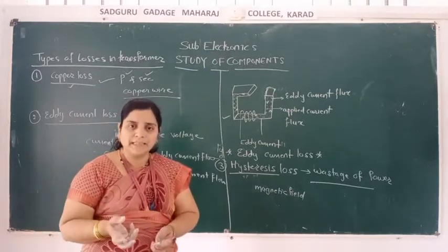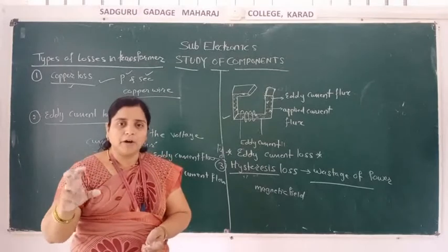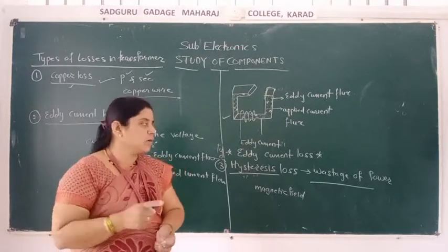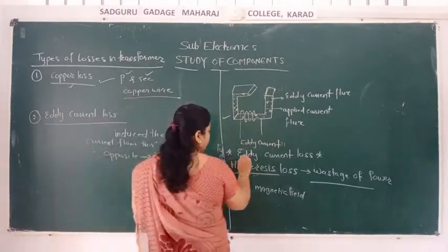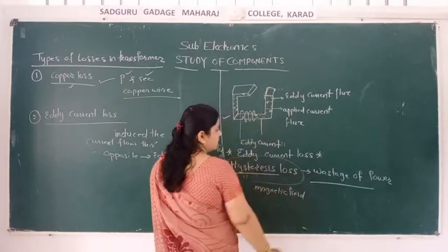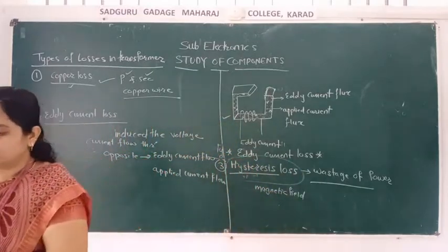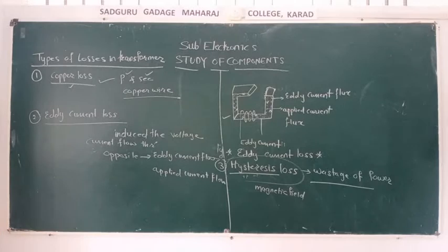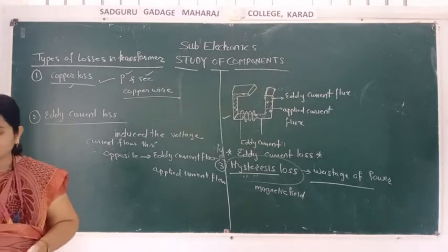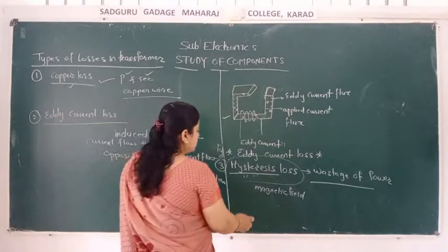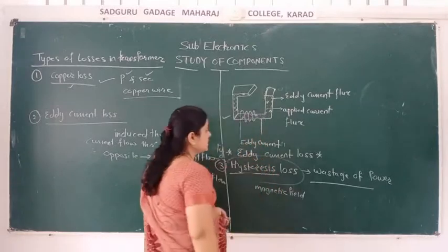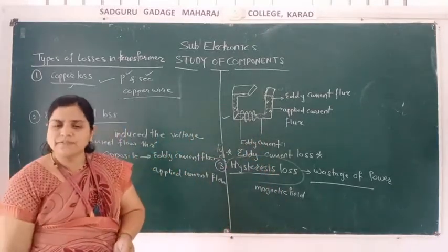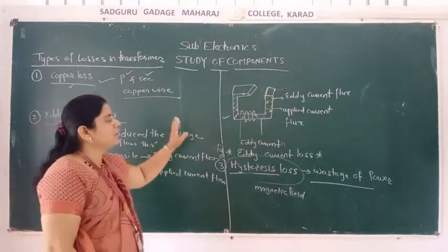If the magnetic field is not balanced, the power is lost, and that is called the hysteresis loss. Hysteresis loss is nothing but the wastage of power, and it results from the additional power needed to reverse the magnetic field. All of you understand? This is a very simple concept. Last concept of this chapter.